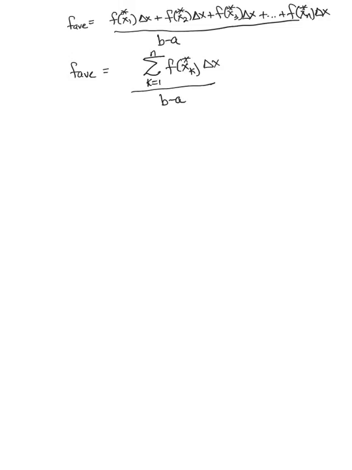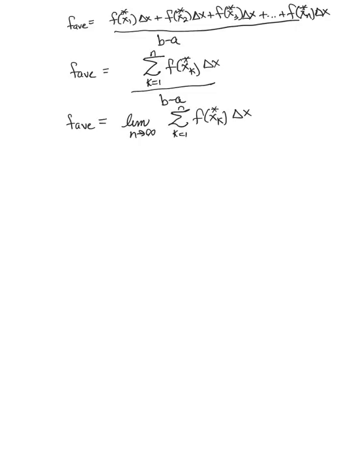And now we have the power in calculus to take the limit of this expression. If we want to sum infinitely many terms in this form, we have the limit as n increases without bound of the summation from k equals 1 to n of f of x sub k star delta x.